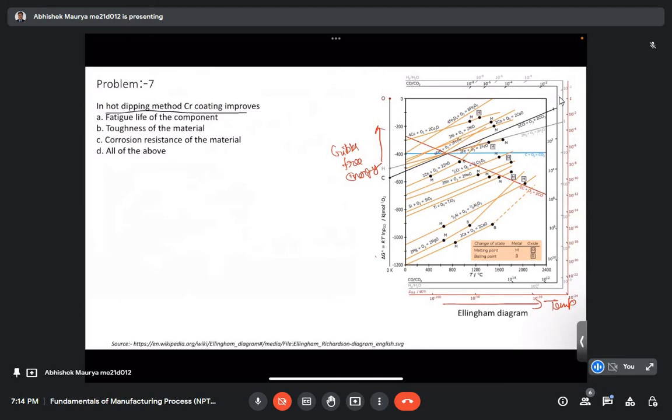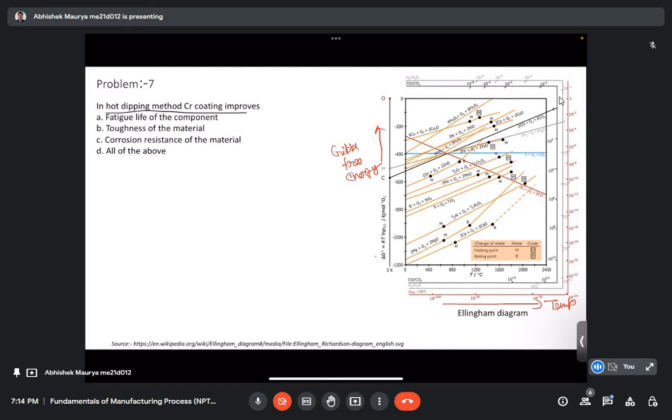If you remember thermodynamics, if the delta G, or Gibbs free energy, of a reaction is negative, then that reaction is most likely to happen. The more negative the Gibbs free energy, the more spontaneous the reaction, and it happens very quickly.